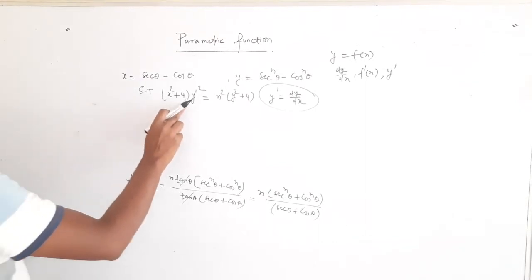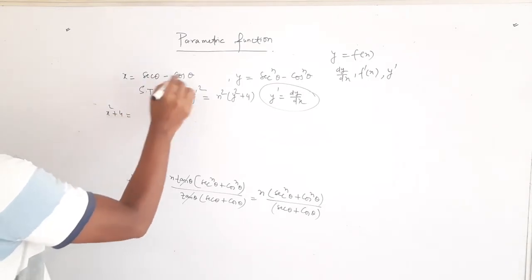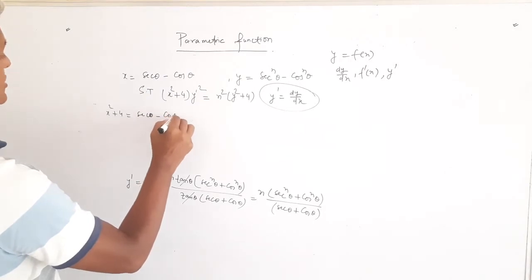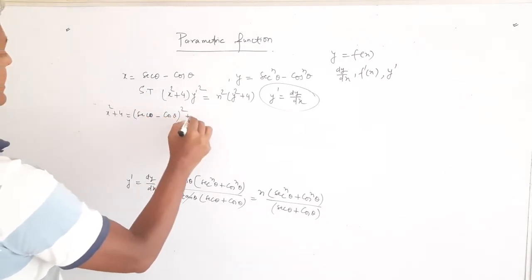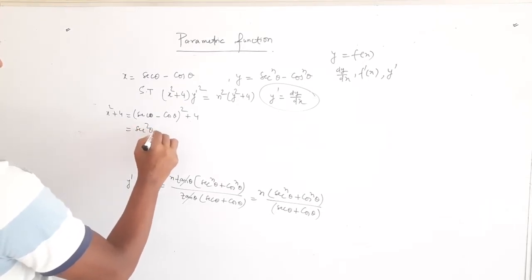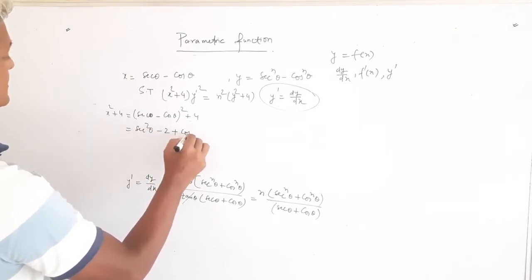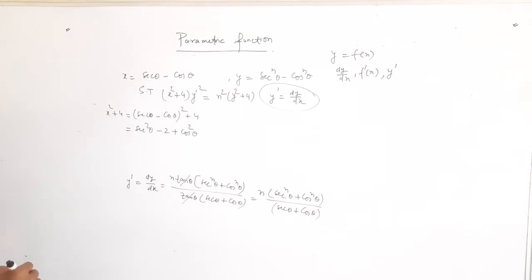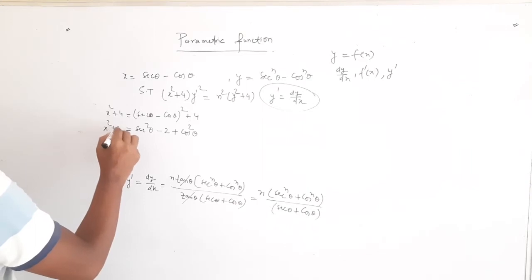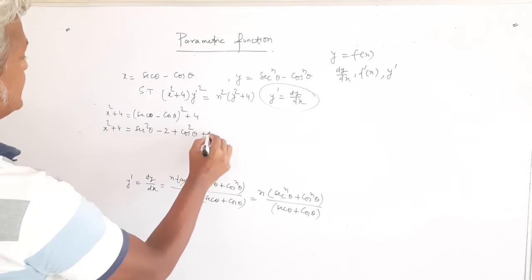So here we have to find x square plus 4. I expand this: (sec theta minus cos theta) whole square plus 4. So this is sec square theta minus 2 plus cos square theta, and here it is x square, and then we have to write plus 4 here.